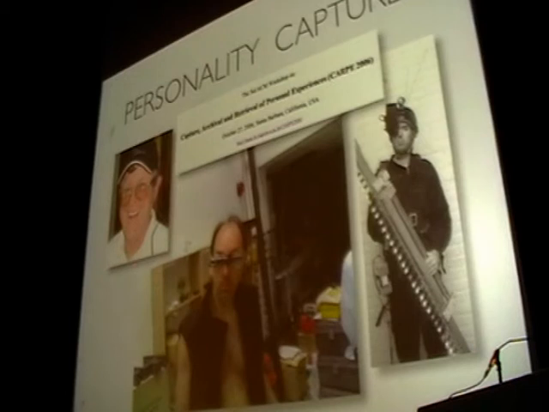Gordon Bell from IBM is a common figure. Steve Mann from the University of Toronto has also been developing personality capture technology, but we really wanted this software to be available to the masses.